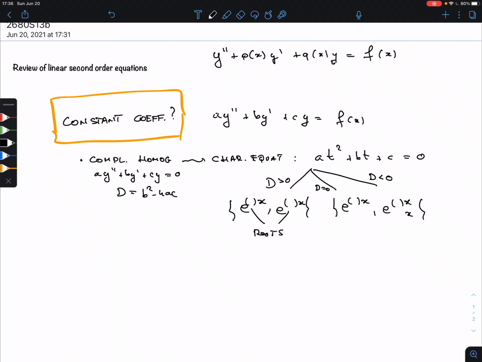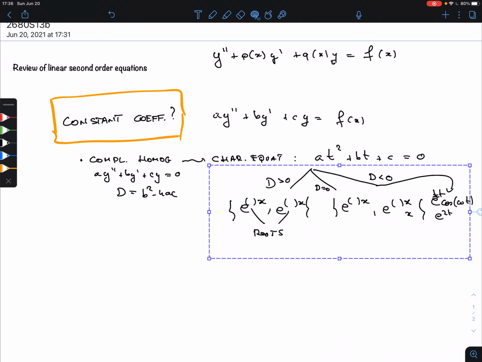And finally, if we have two complex roots, so I'm a little bit short here, then we use the cosine, we get e to the lambda t cosine omega t, or e to the lambda t, sorry, it's a little bit squeezed in. Let me try to move this whole thing here.